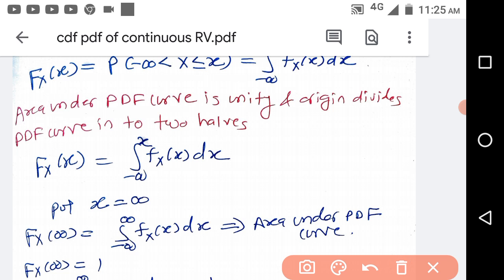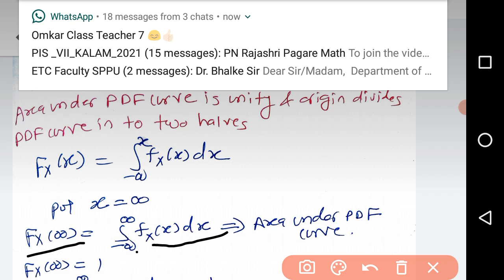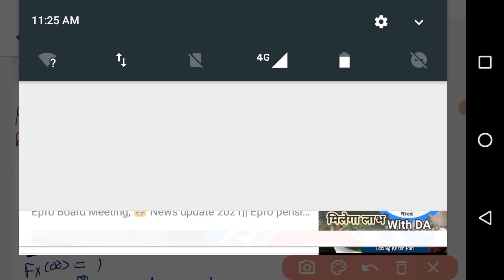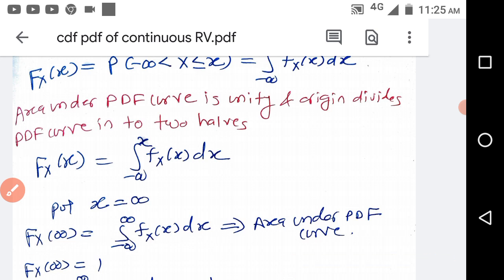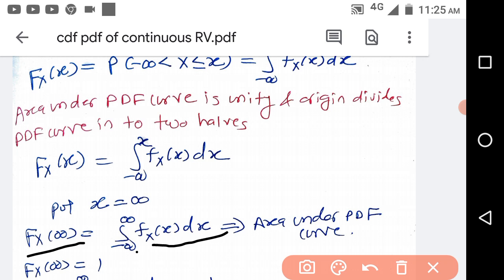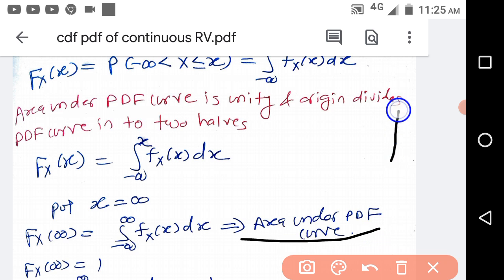If you put x equal to infinity, then in the integration also you have to put the infinity. So this is F_X(infinity) equals the integral from minus infinity to infinity of f_X(x) dx. This is the area under the PDF curve.